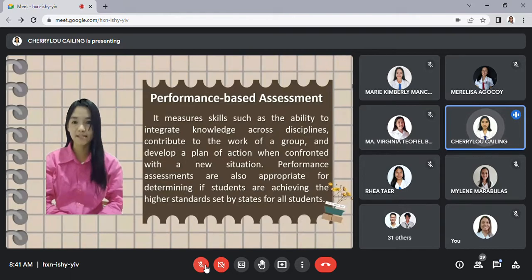Performance assessments are also appropriate for determining if students are achieving the higher standards set by the states for all students. So, in its simplest terms, a performance assessment is one which requires students to demonstrate that they have mastered specific skills and competences by performing or producing something.